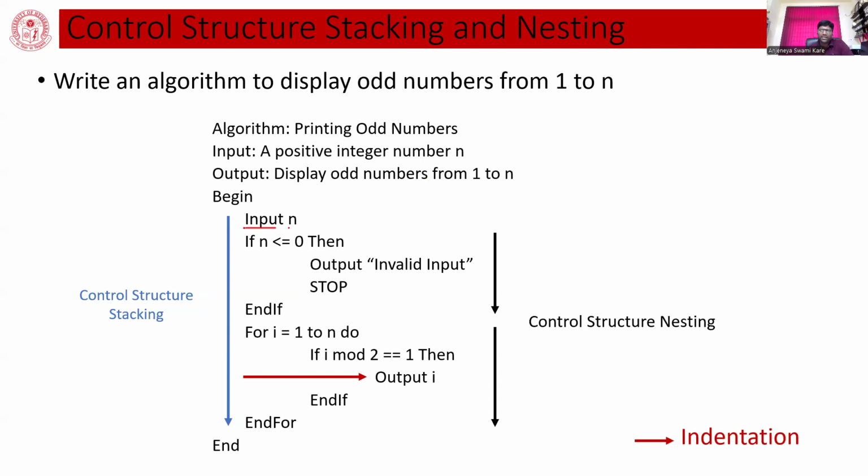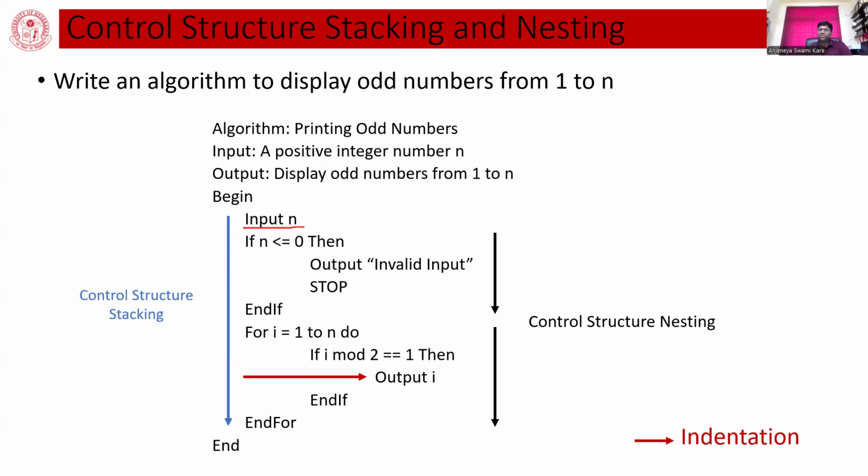So you are reading n. What happens if the user enters a negative number or 0? That is an invalid input, because this program expects a positive integer number. Since by mistake the user can enter a negative number or 0, your program should be responsive to that.